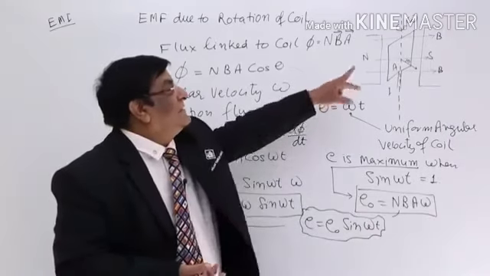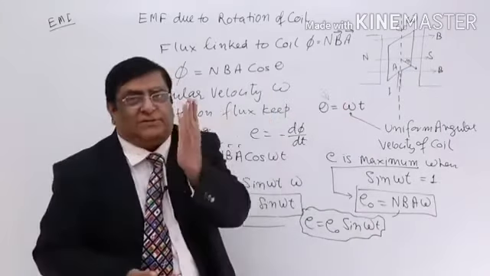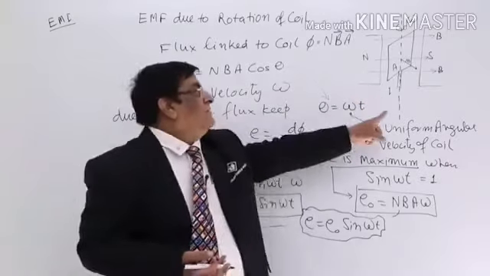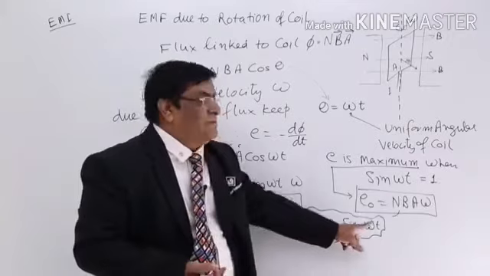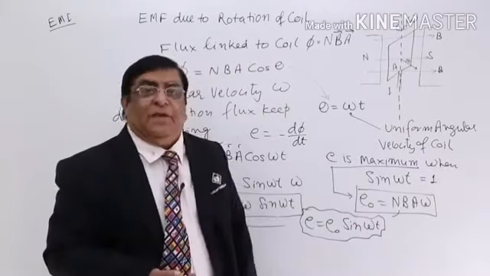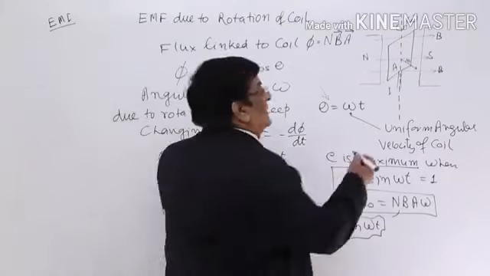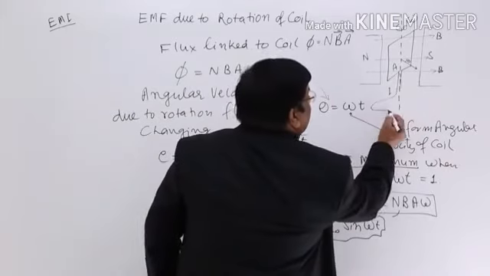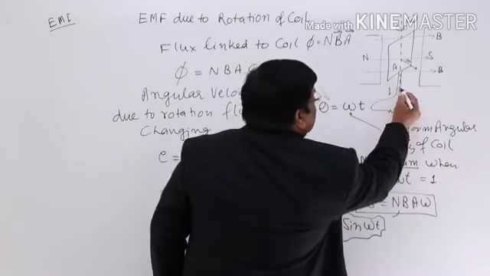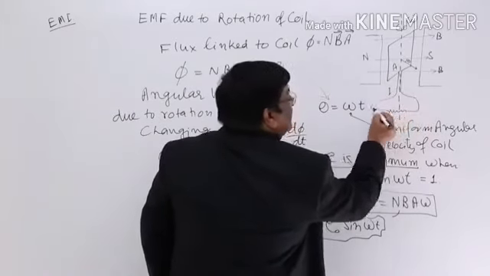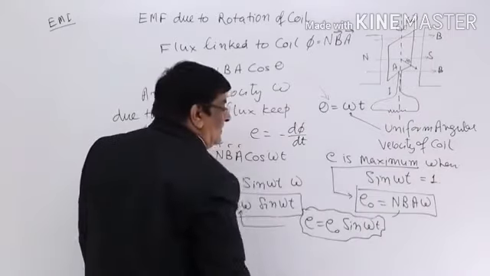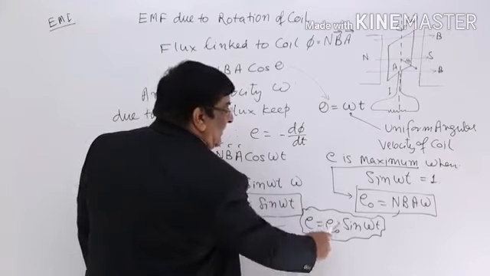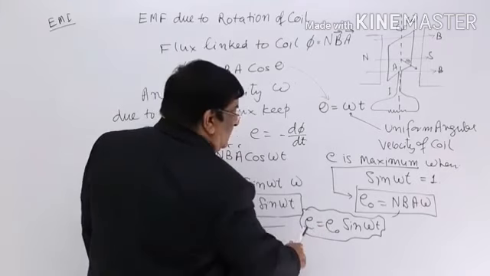When a coil is rotating, EMF is generated here and this EMF is E naught sin omega t. If we want to find out current, we connect it with a load or resistance, then a current will start flowing. How can we find out that current? Divide the voltage by the resistance.